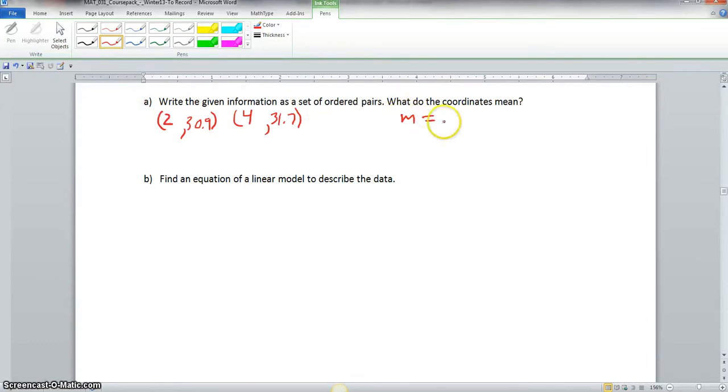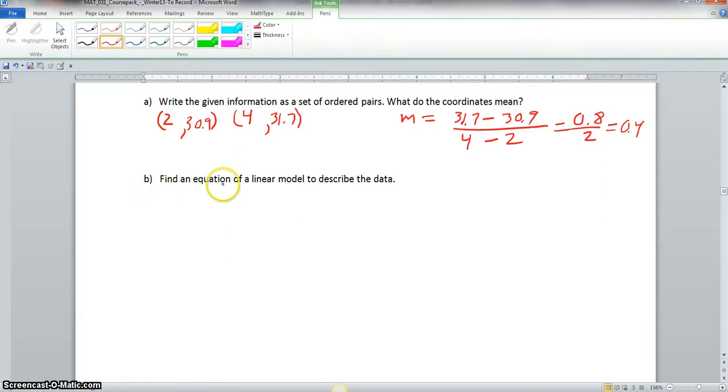Now the slope is equal to y sub 2, which is 31.7, minus y sub 1, which is 30.9, all over x sub 2, which is 4, minus x sub 1, which is 2. 31.7 minus 30.9 is 0.8. 4 minus 2 is 2. 0.8 divided by 2 is 0.4. So that is our slope.